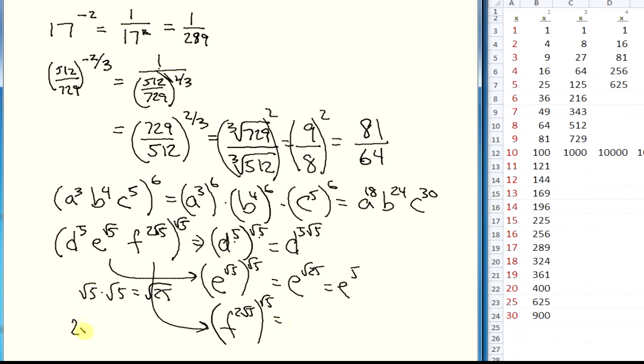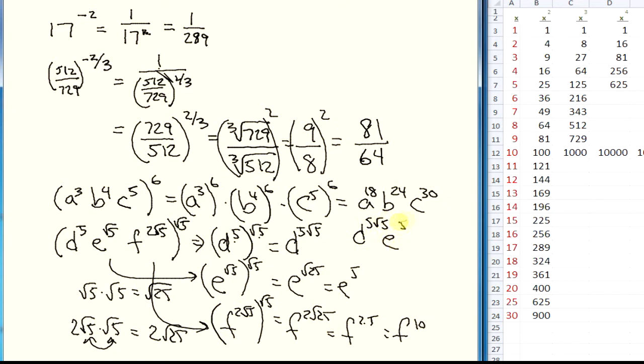Well, 2 radical 5 times radical 5. Again, these pieces can be multiplied together if you're looking at what you can put on the inside, so that would be 2 radical 25, and 2 radical 25 would be the same as going 2 times 5, which means I can call this f to the 10th. Therefore, my final answer would have been d to the 5 radical 5, e to the 5, f to the 10th.